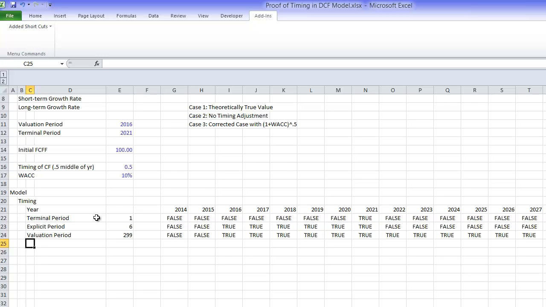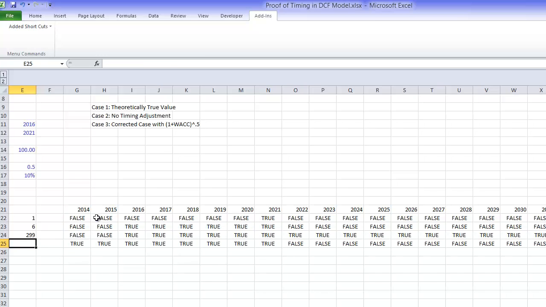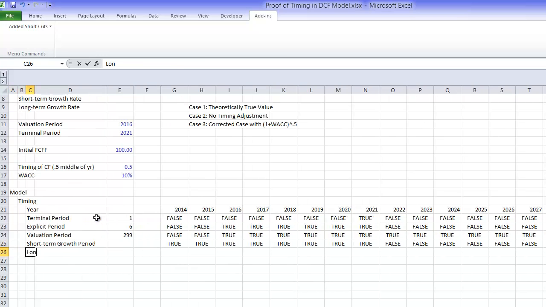And then let's put a short-term growth period. Let's assume whenever this is less than or equal to our terminal period, we've got a short-term period, and then we'll have a long-term growth period.